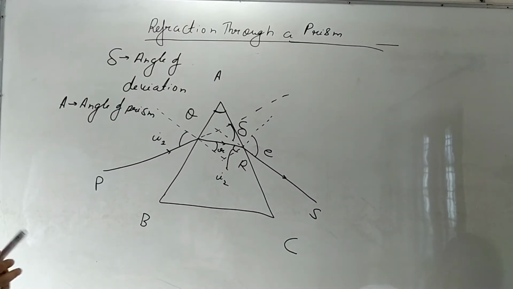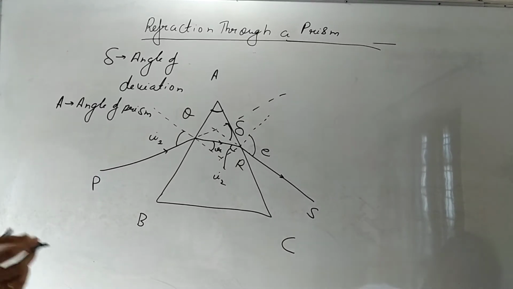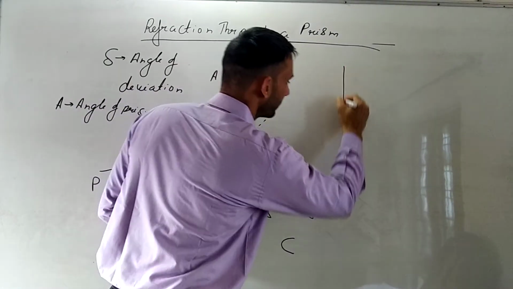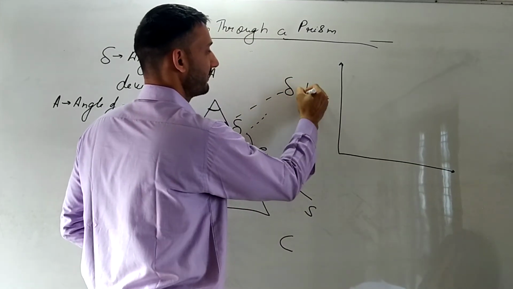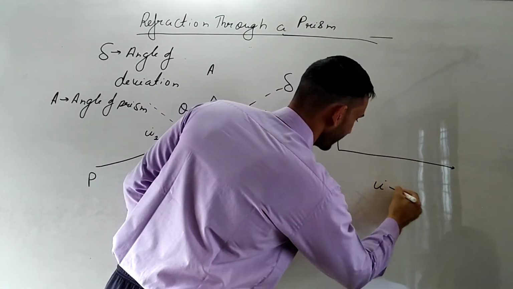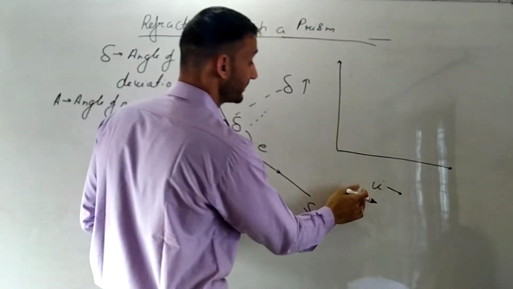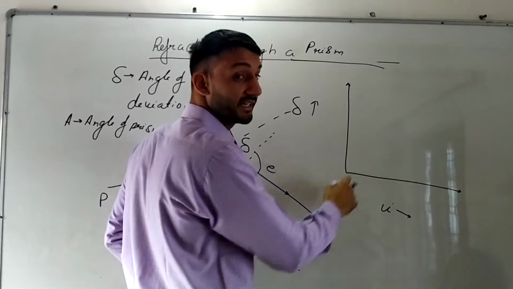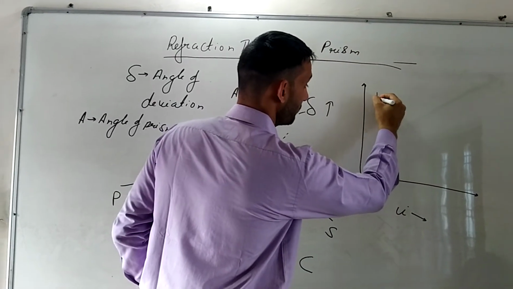Now one more thing I would like to bring here. There is an experimental graph which we draw. We keep angle of deviation here and angle of incidence here. What we have seen in the experiment is that when the angle of incidence is less, the angle of deviation is more.